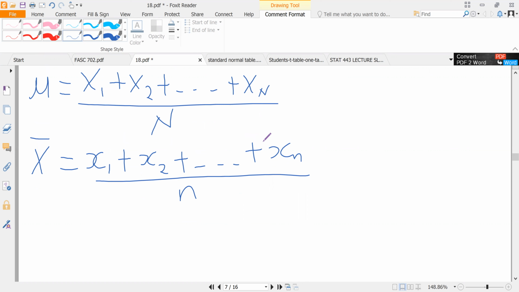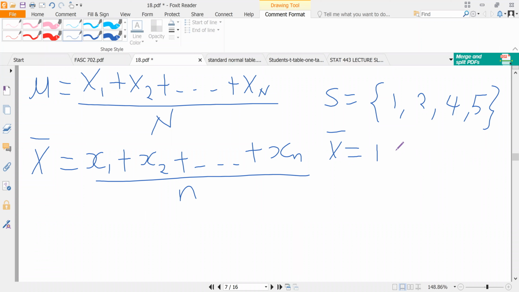And when you have actual values of the sample, for example, let's suppose that our sample S consists of units 1, 2, 4, 5. Then from this sample, you can calculate an estimator X bar to be equal to 1 plus 2 plus 4 plus 5 divided by 4, because that is the size of the sample.